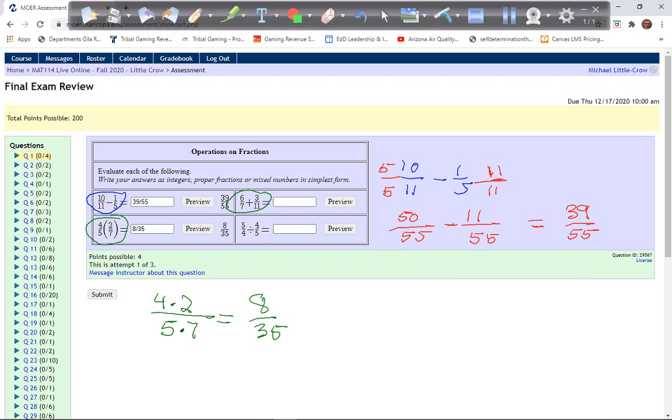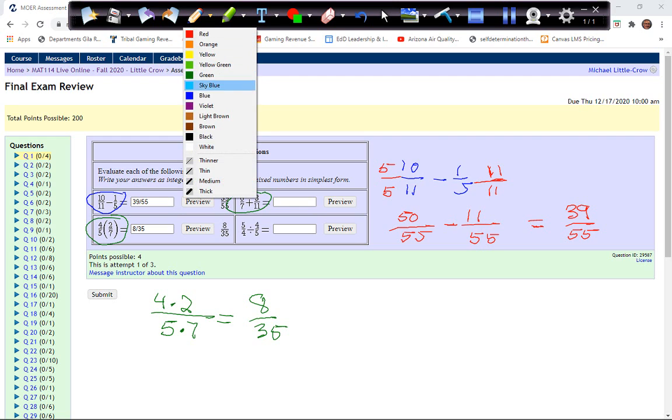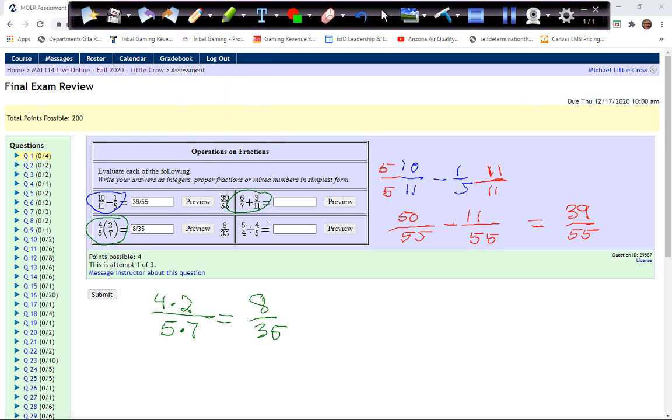And now the last one we're going to take a look at, let's change our color, let's go violet. We're going to look at a division problem. And remember, you take the first one just as it is, and you do division by, since division is the opposite of multiplication, we invert, so we take the reciprocal of the second one, 4/5 becomes 5/4, and then we multiply straight across.